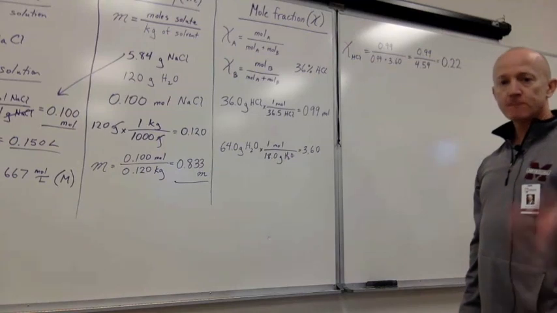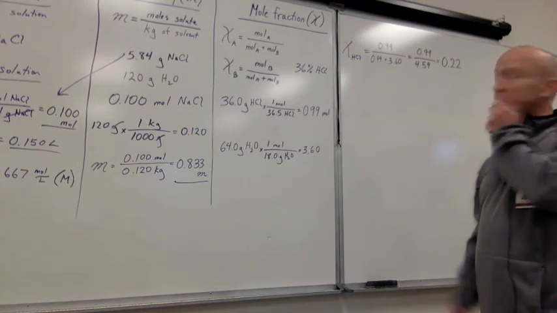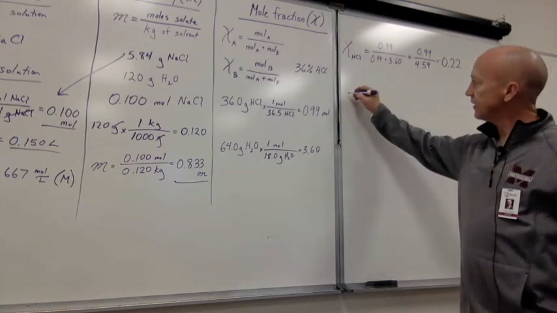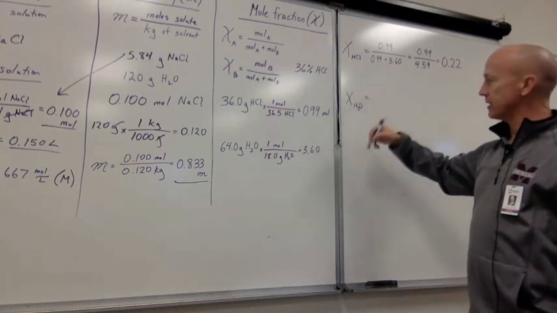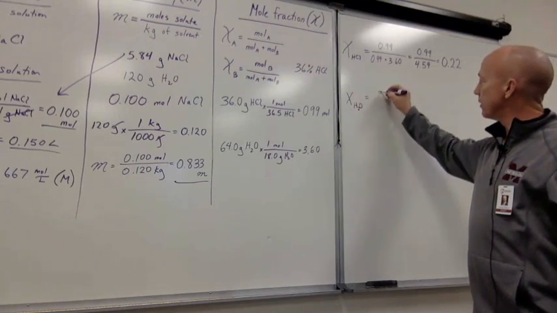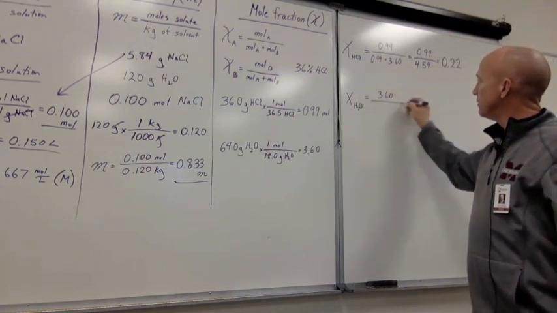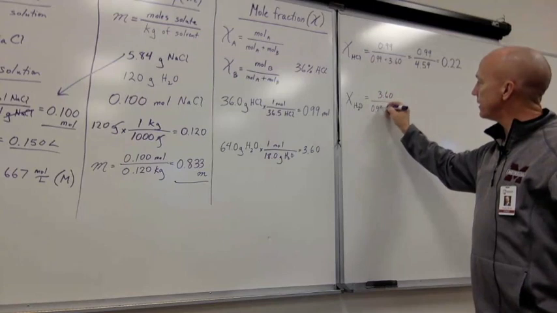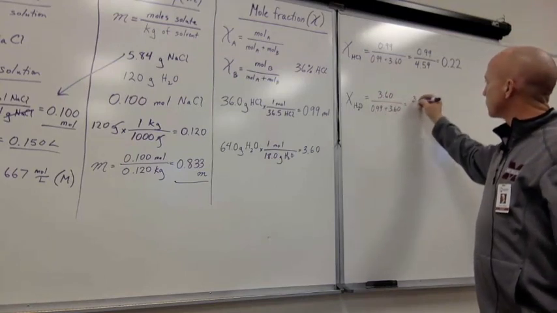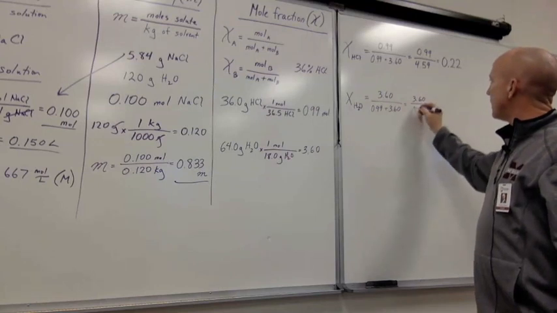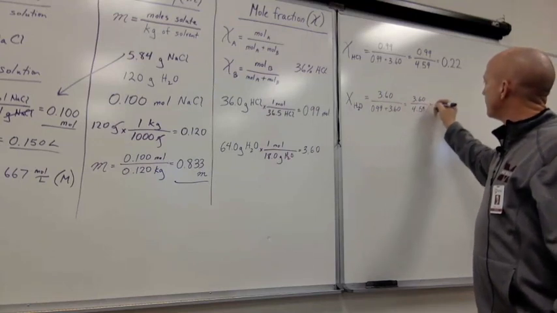All right? Now, if I did the one for water, it would look like this. 3.60 divided by 0.99 plus 3.60. It gives me 3.60 divided by 4.59.